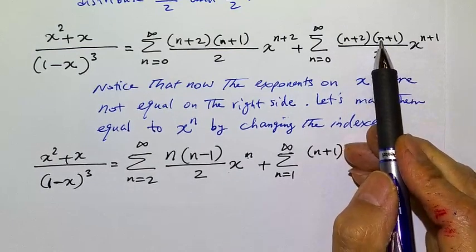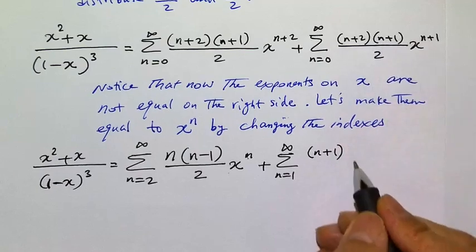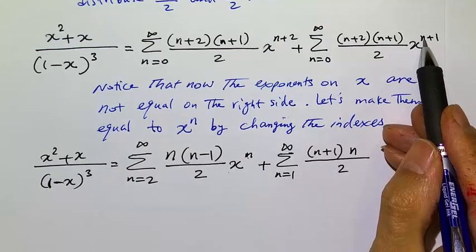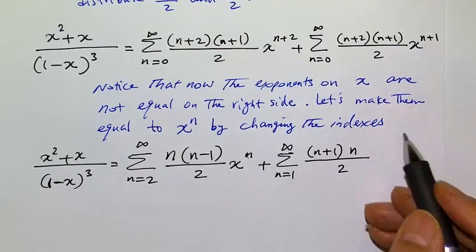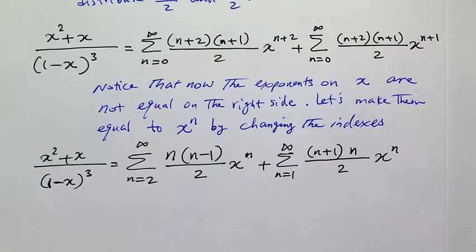Replace this n by n minus 1, n minus 1 plus 1, we get just n over 2. And replace this n with n minus 1, we get just x to the n power.